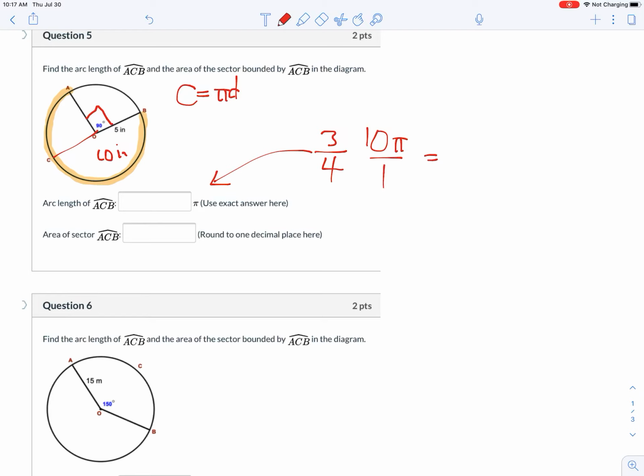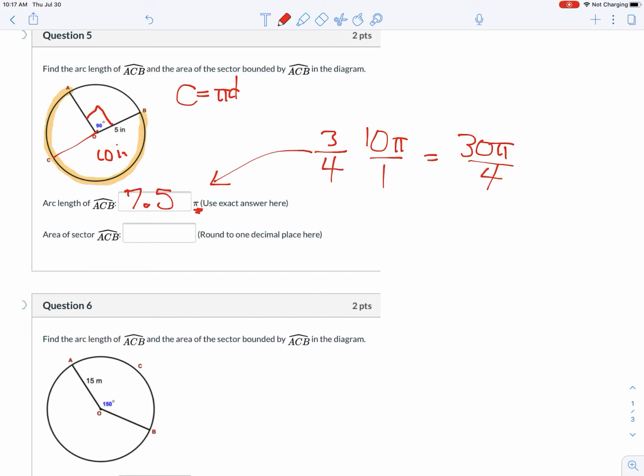So we're really looking at 30 pi over 4. My answer is in terms of pi, so I just need to take 30 cut into 4. That's really 15 over 2, which is 7.5 pi. That should get you what you need.